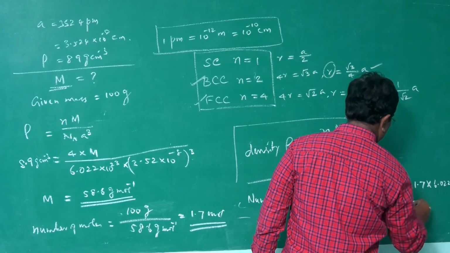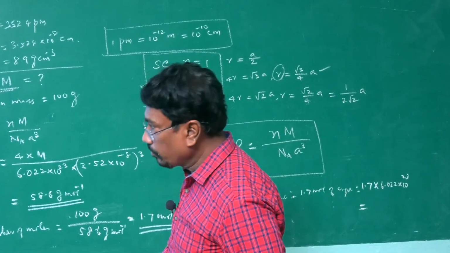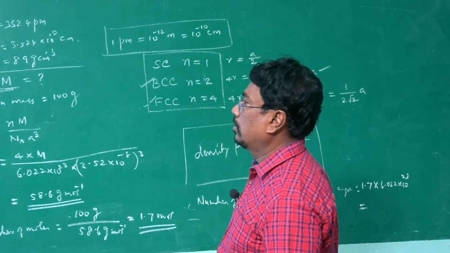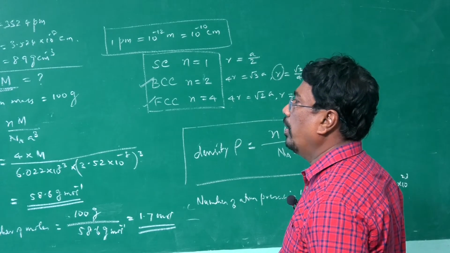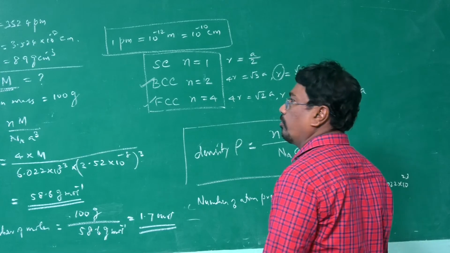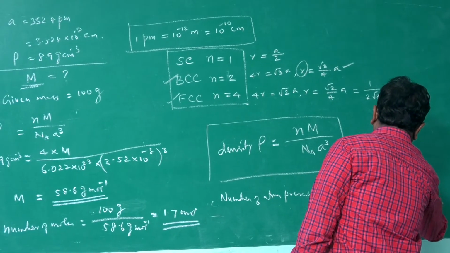You will be getting the answer. That's all. So the answer comes to 1.023 × 10^24.